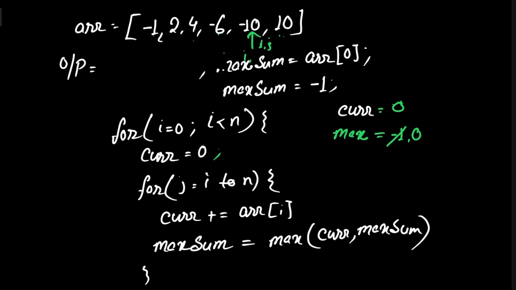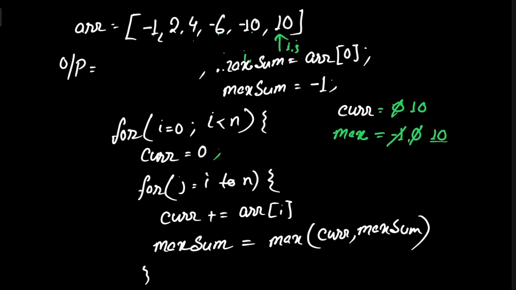Now i will shift here, and j is equal to i, so current is 0, and if it sums here, current sum will be 10, so max will be 10. So this will be our output.